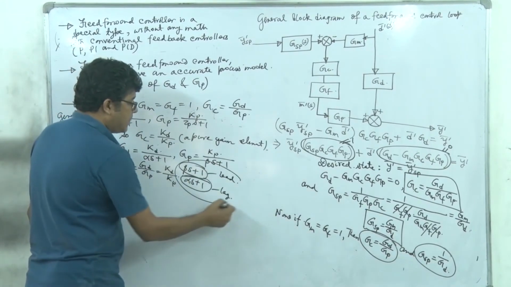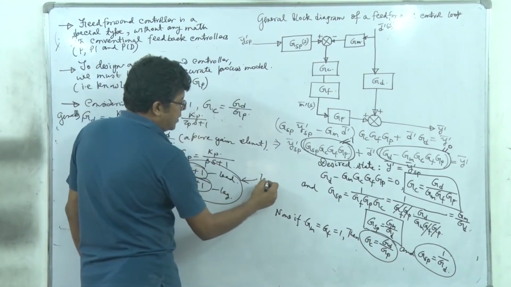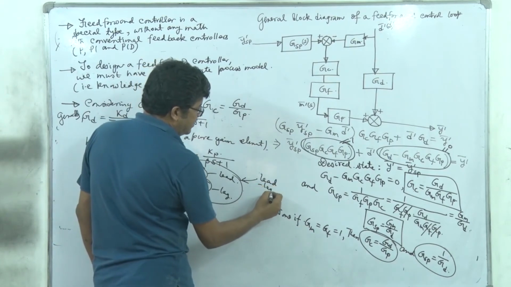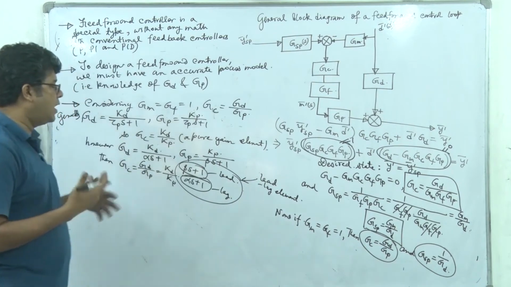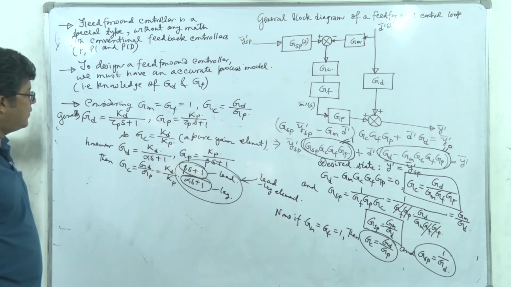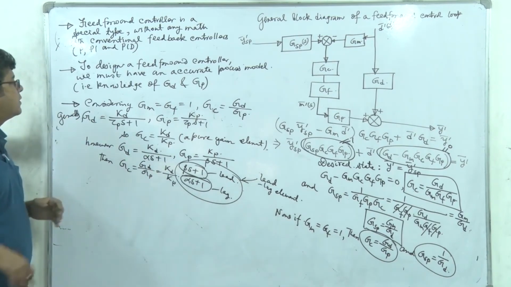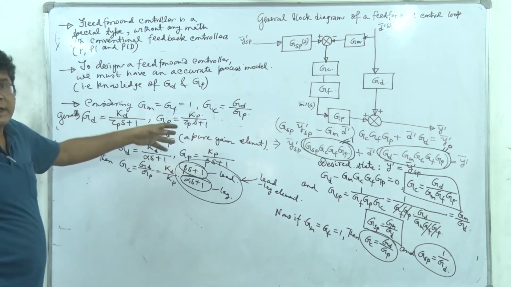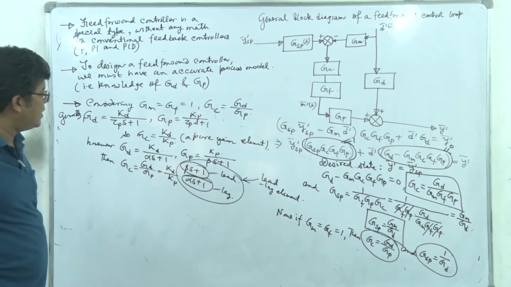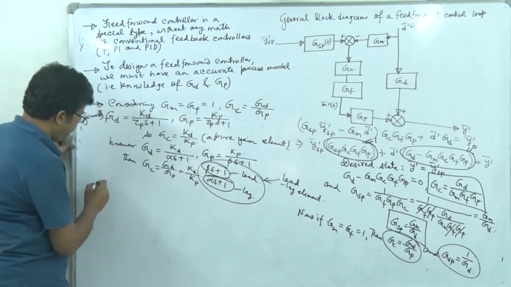So overall, it is a lead lag element. It is to be noted that overall it must be a kind of lead lag element, right? So this feed forward controller may be a pure gain or alternatively it may be a lead lag element.